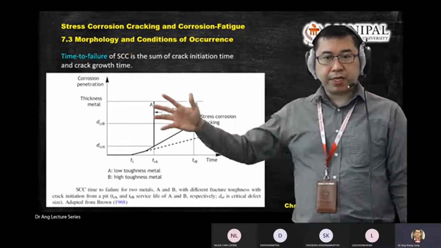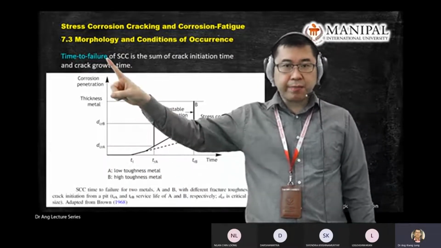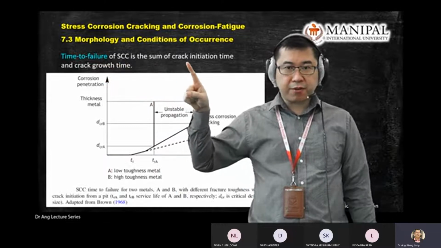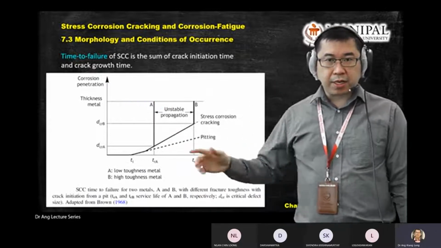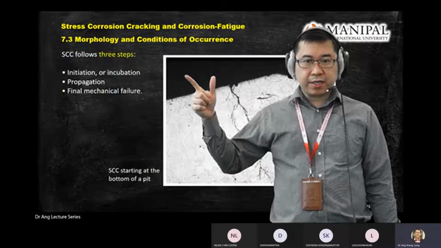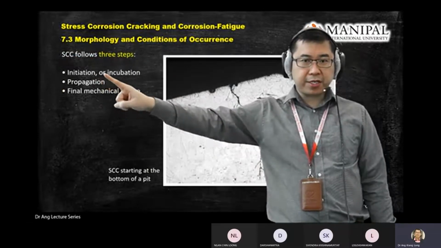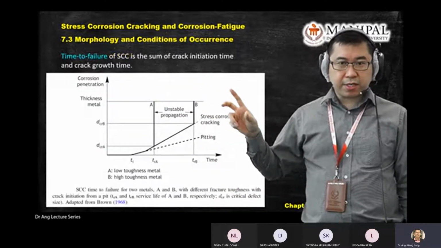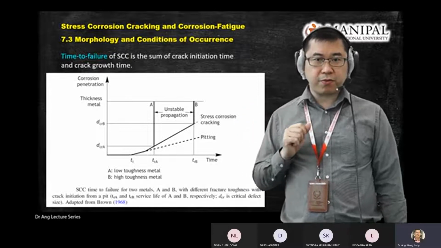Now if you look at this chart here, it tells you the time to failure. Time to failure of SCC is the sum of crack initialization time and crack growth time. Meaning it combines the 3 processes. It combines initialization and propagation time together. Then once the propagation is deep enough, it will fail.